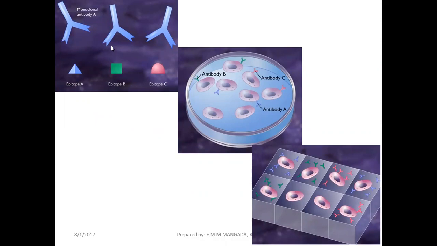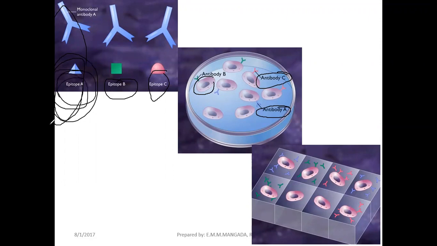'Di ba, kunwari ang gusto nating paramihin or i-undergo ng clonal expansion is yung antibody against epitope A. So we have antibody against epitope A, epitope B, epitope C. Dun sa hybridomas natin, pwedeng may B cell na nagpo-produce ng antibody B, ibig sabihin siya yung against kay epitope B. Meron naman yung B cells na nagpo-produce ng antibody against epitope C, yun si antibody C. Or may B cell naman na nagpo-produce ng mga antibodies against epitope A, siya si antibody A.